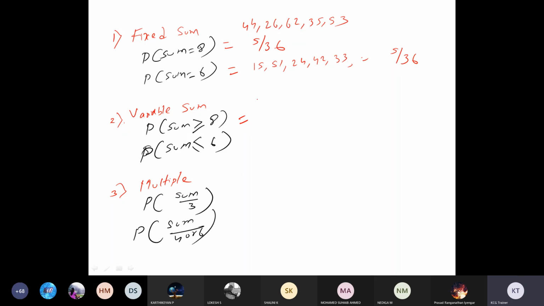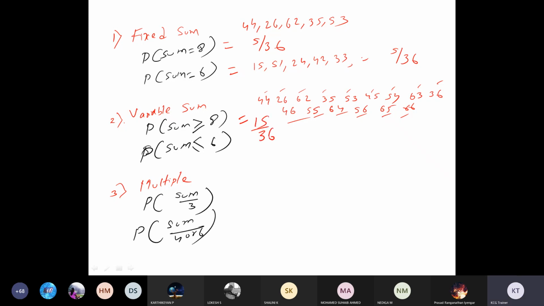You will have 4,4, 2,6, 6,2, 3,5, 5,3, 4,5, 5,4, 6,3, 3,6, 4,6, 5,5, 6,4, 5,6, 6,5, 6,6. So count now how many we got for sum greater than equal to 8. We have got 1, 2, 3, up to 15. So totally 15 outcomes for greater than equal to 8.